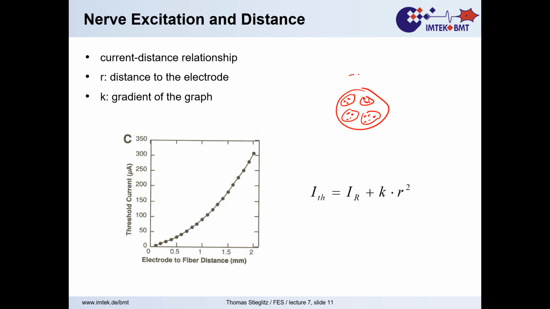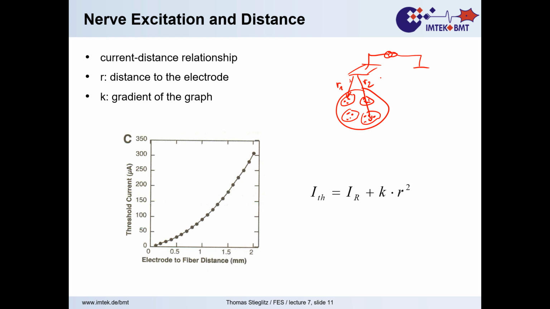And I have an electrode sitting somewhere, and I need a counter electrode here depicted as ground to close the electrical circuit. And you can imagine, if I like to elicit a nerve cell, an axon, this distance to that axon is different than this distance to another axon.